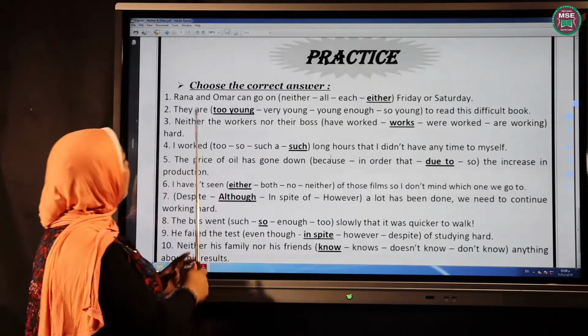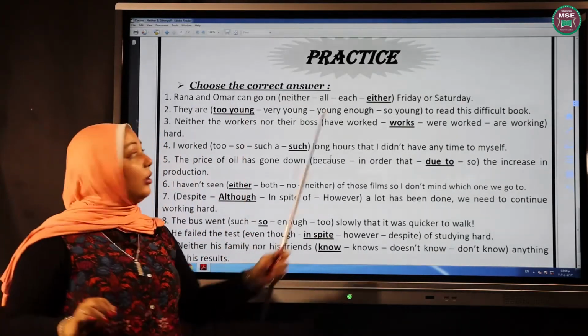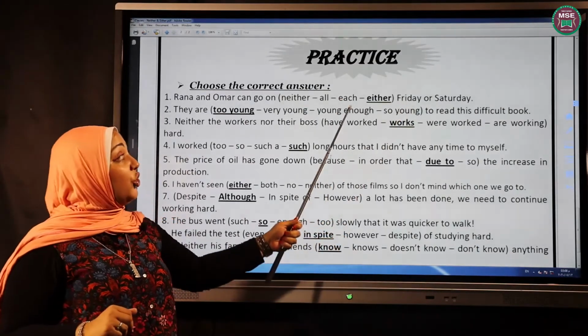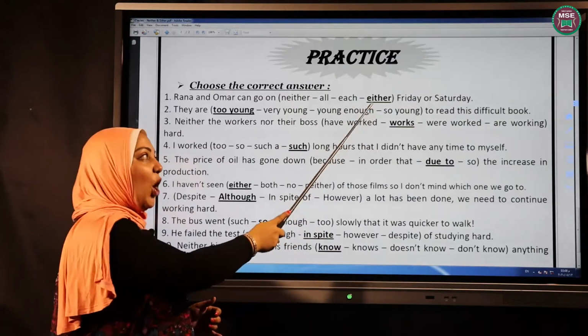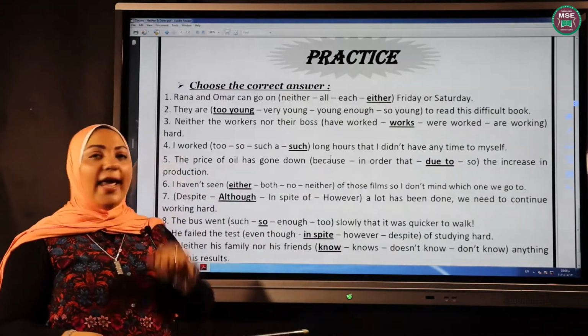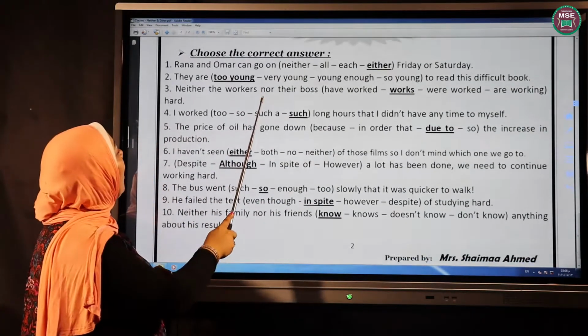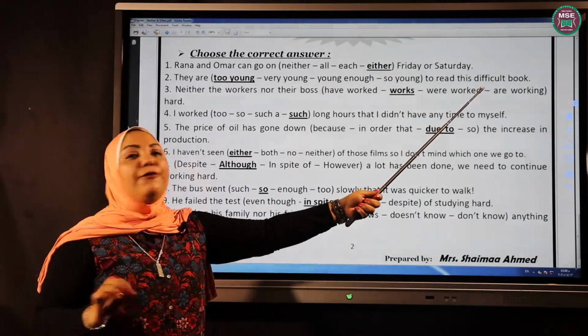For example, sentence 1, Rana and Omar can go on Friday or Saturday. We chose either. Why? Because usually we say either or, and here we have two options, Friday or Saturday. Sentence 2, they are to read this difficult book.